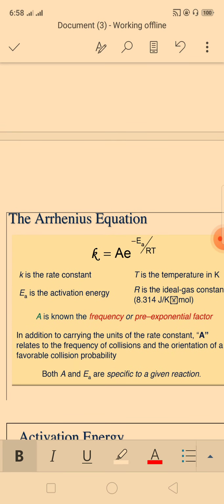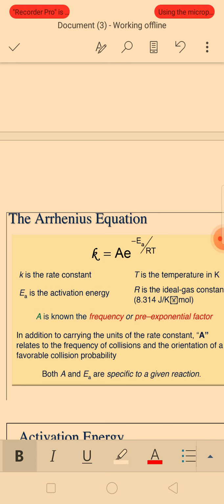is the relationship of the rate constant denoted by K and the energy of activation represented by capital E and small a.